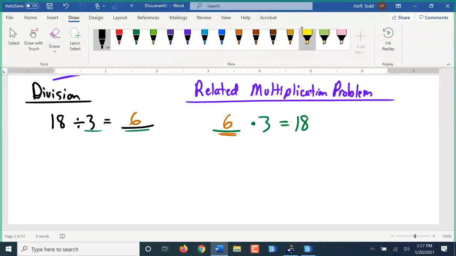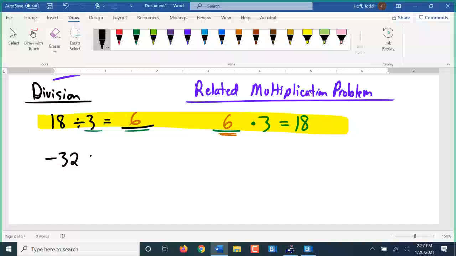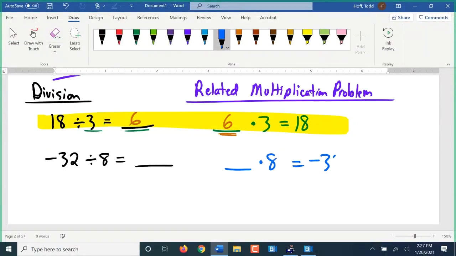But this definition then allows us to analyze how the negatives work in our division. I have -32 divided by 8. Well, let's look at the related multiplication problem. It's going to be blank times 8 equals -32.